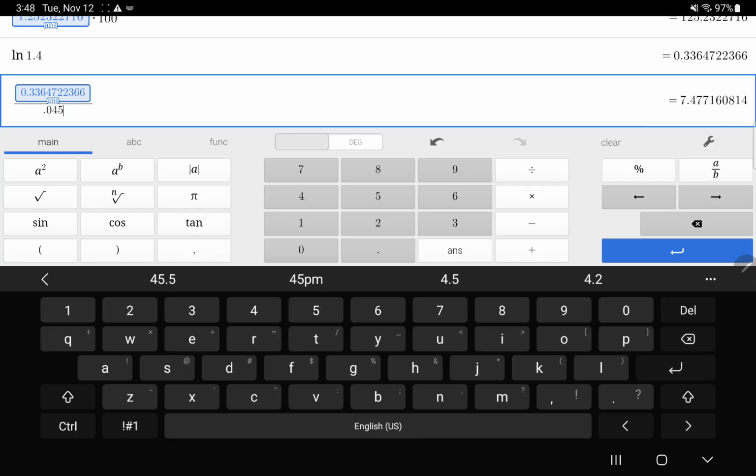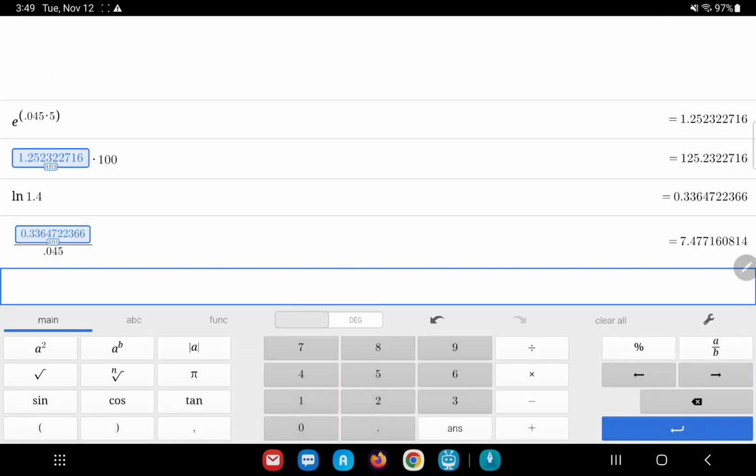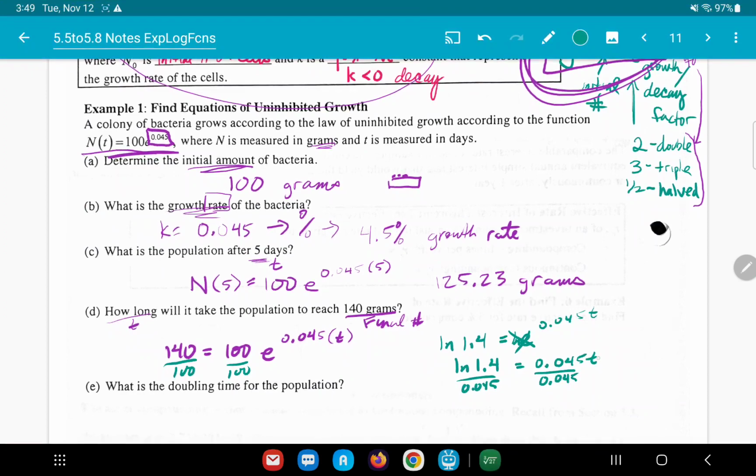There we go. And we get an answer of 7.4, and then we'll round this number to the nearest hundredth, so we'll get 7.48 basically. So the time is 7.48, and keep in mind that t is measured in days, so we can go ahead and say 7.48 days, just like that.